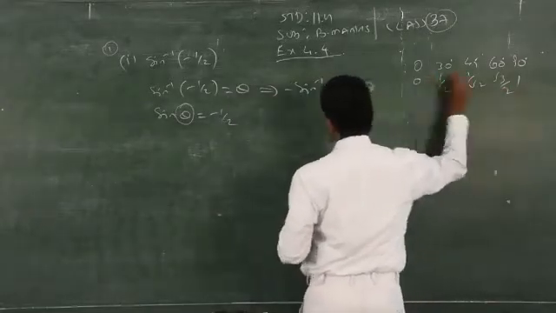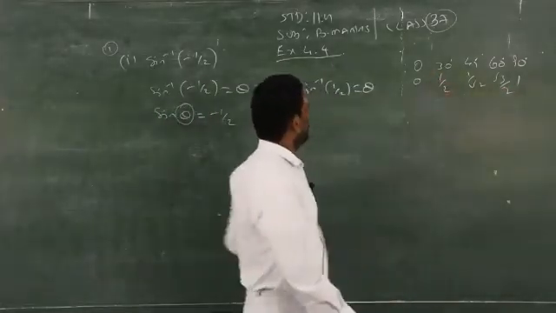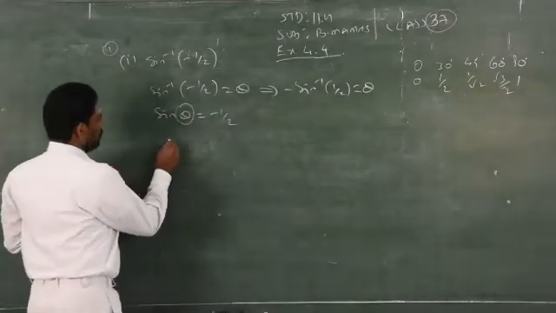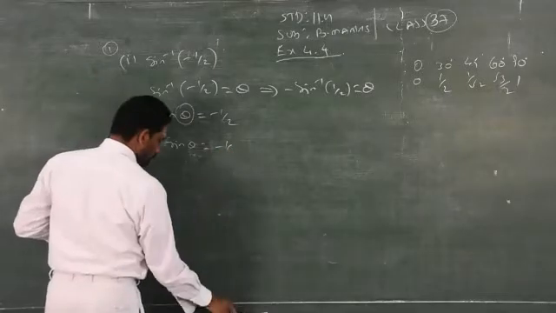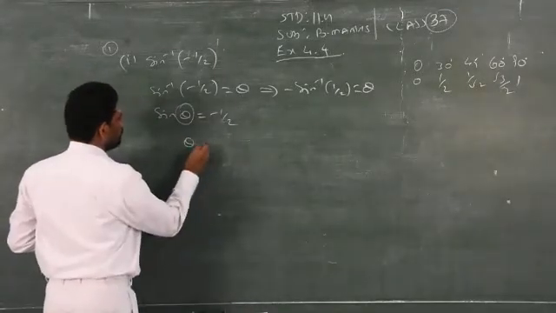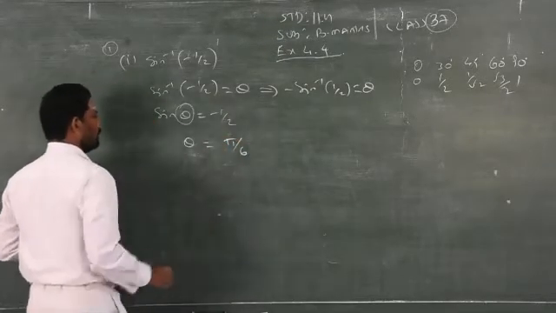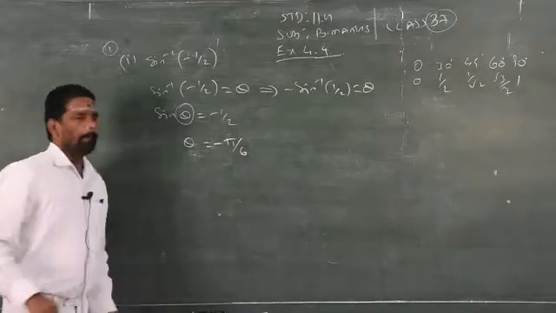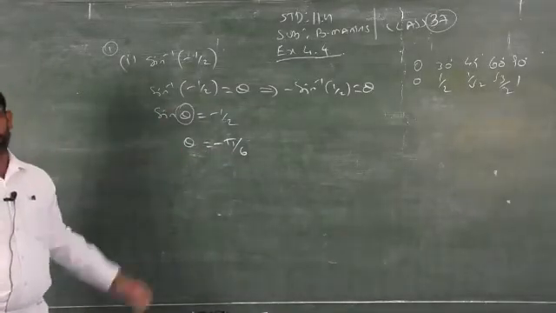So you have to memorize. Now you tell me, where will 1 by 2 come in sin? It is 30 degree. Therefore, sin theta is equal to minus, theta is replaced by pi by 6, then only we get 30 degree, but minus is there, therefore minus pi by 6. This is the principle for the given one.